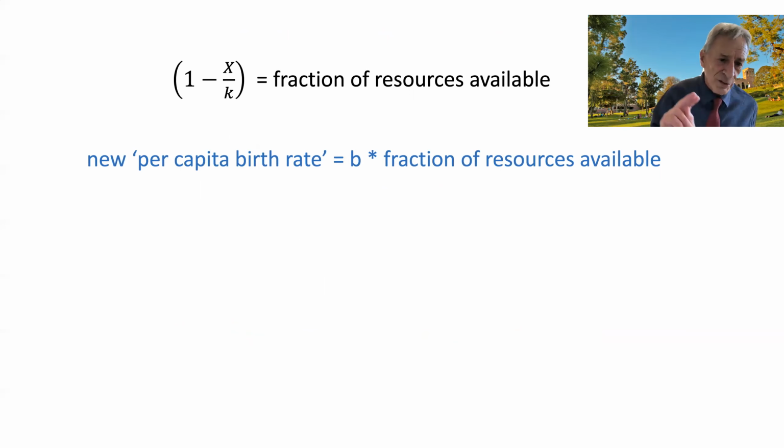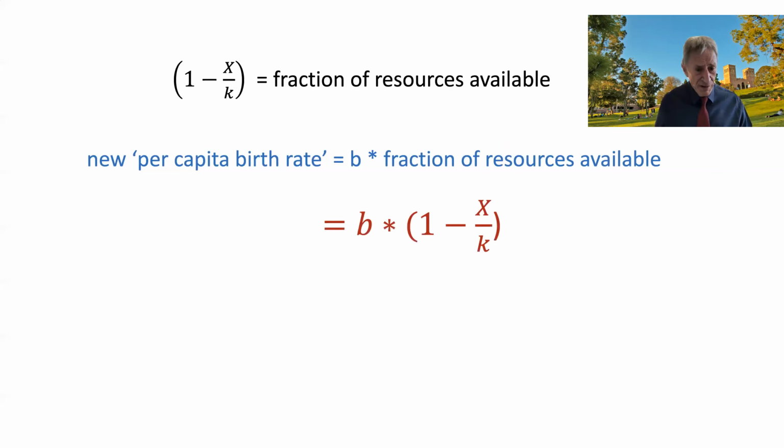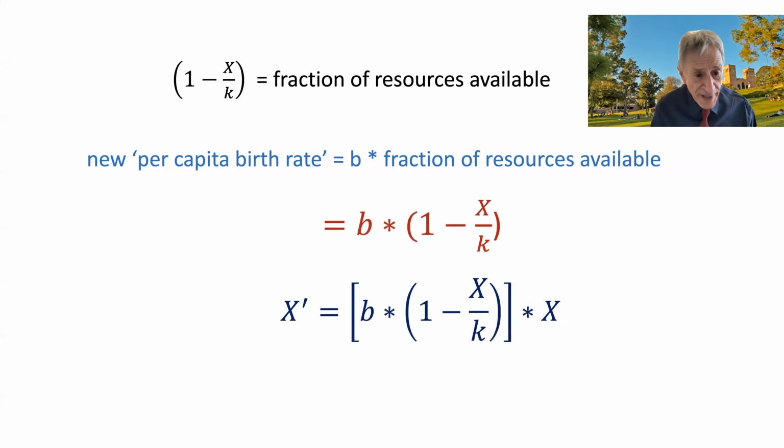It's going to be the old fixed per capita birth rate times the fraction of resources that are available, which is 1 minus X over K. So our new birth rate is B times 1 minus X over K, which means our new model is X prime equals new birth rate times X, but new birth rate is B times 1 minus X over K.